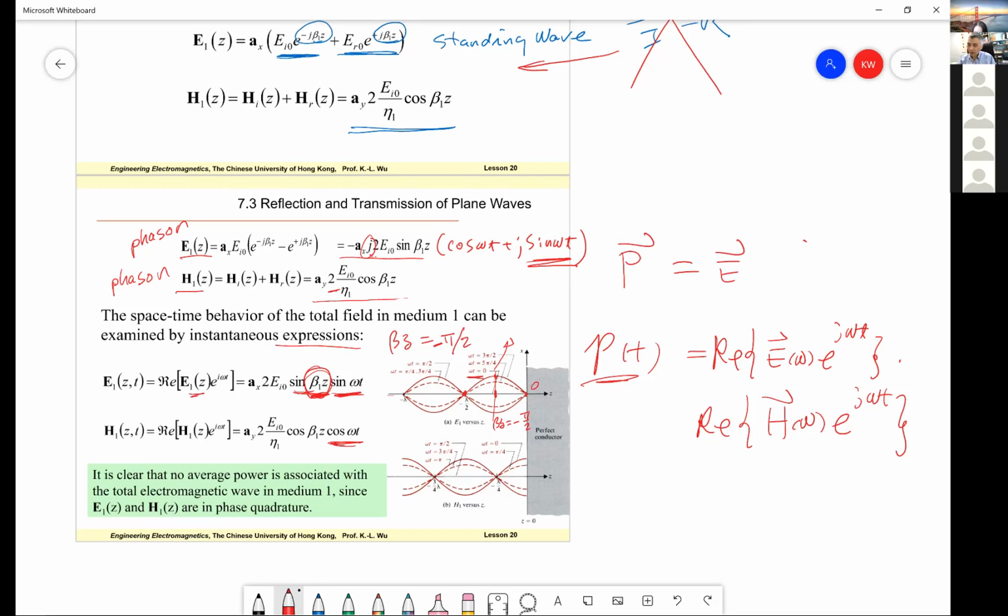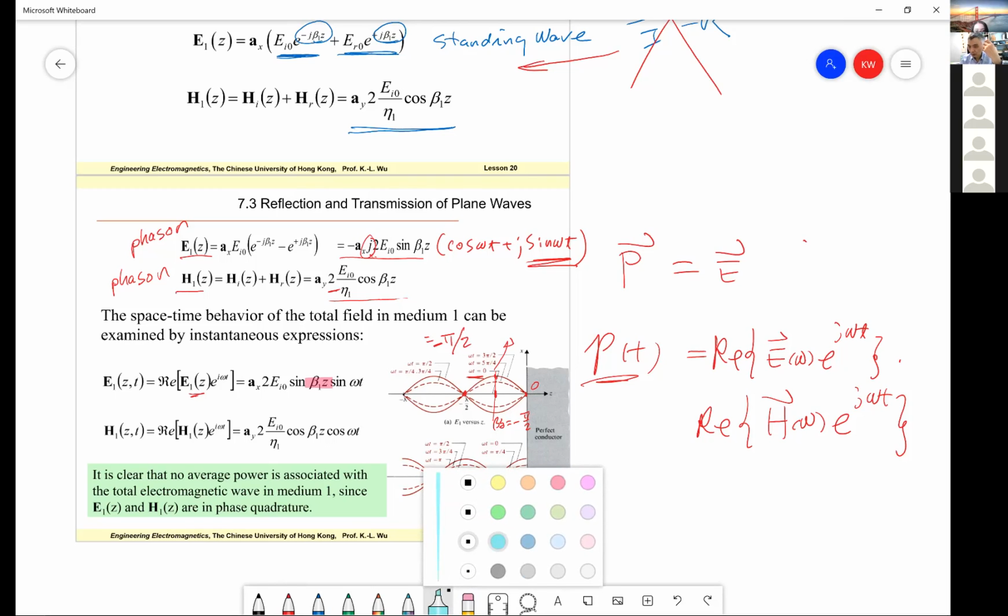So depending on where you are, or what time instant you take a snapshot, the pattern is a multiplication of two sine functions. One factor depends on the location and one depends on the time. So these are two factors.